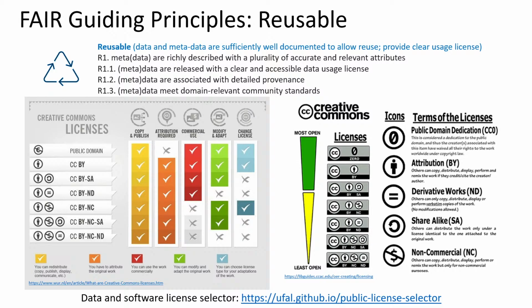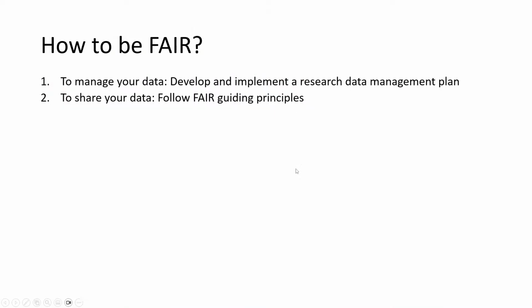That would be NC, non-commercial. If you want to make a graphical user interface, you can make it, but you make it available for free. Typically, you will use this CC BY, unless you have a strong reason to use any of these other licenses.